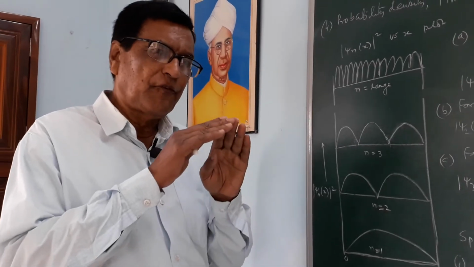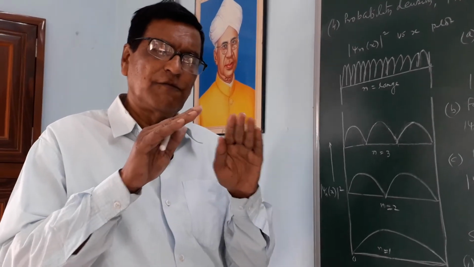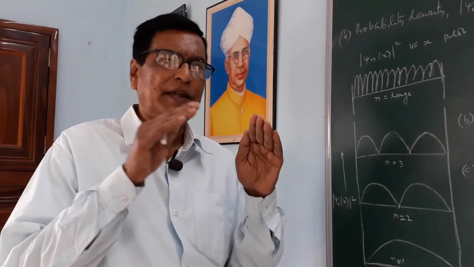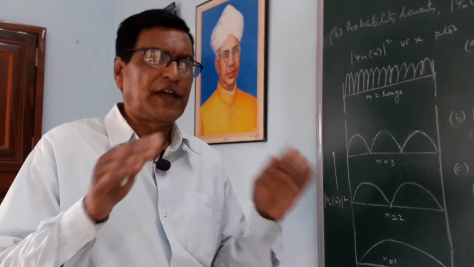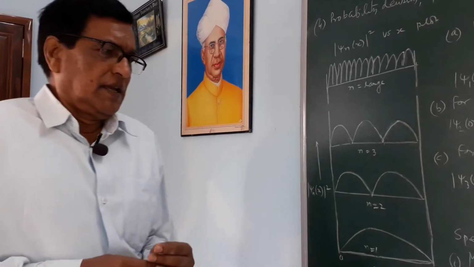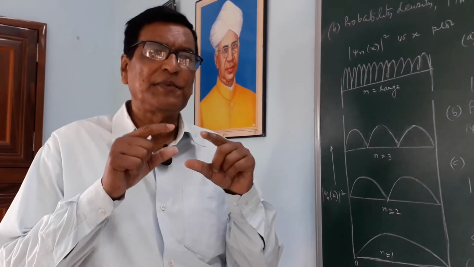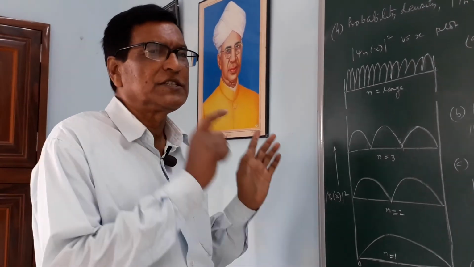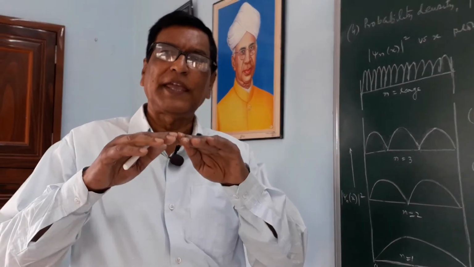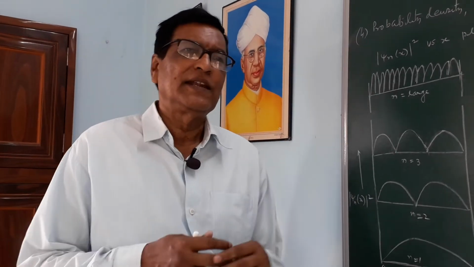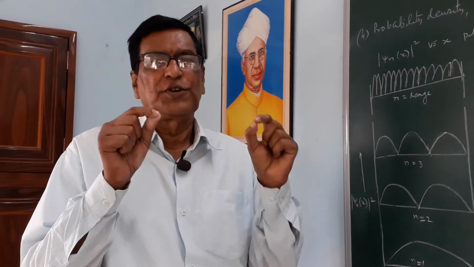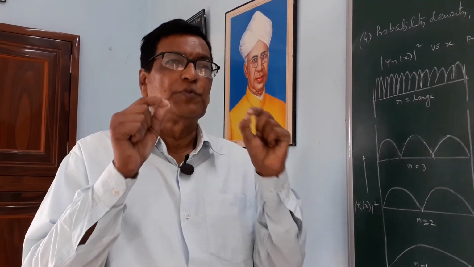Though the chance for the location of this particle in this box is varying point to point, still whenever we are trying to measure the location or position of this particle within the box by any instrument, we can get only one position, one location, for the particle to be found.